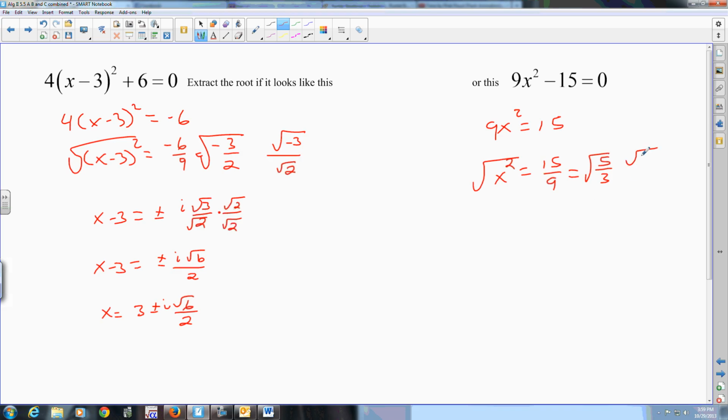Don't forget to split it. So you have x equals, and don't forget the plus and minus, a lot of things not to forget. Rationalize it, multiply by the square root of 3. x is equal to plus or minus the square root of 15 over 3. And you're finished. That's it.